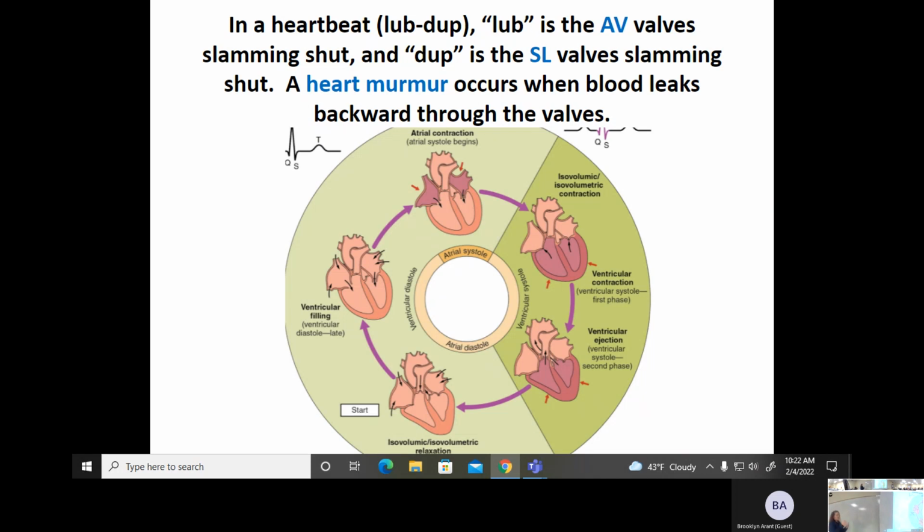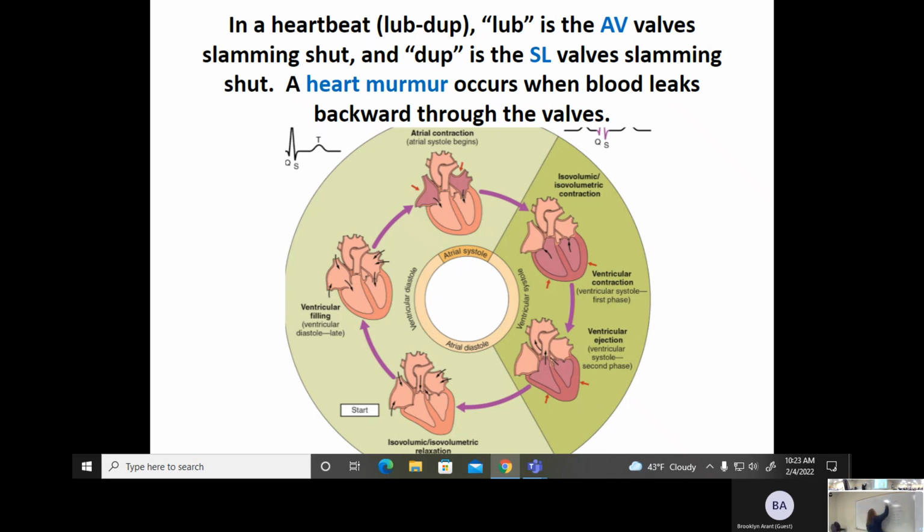Examples of things that could be on this order are atrial systole, atrial diastole, ventricular systole, ventricular diastole, AV valves open, AV valves shut, SL valves open, SL valves shut.